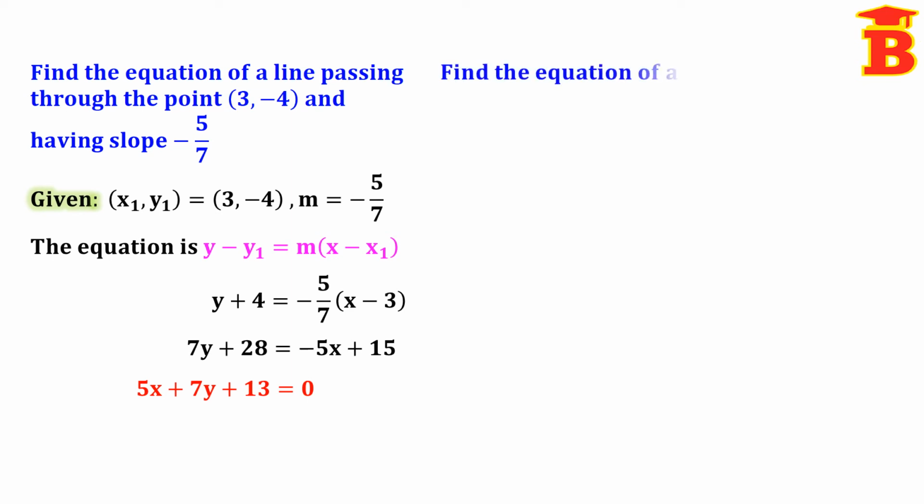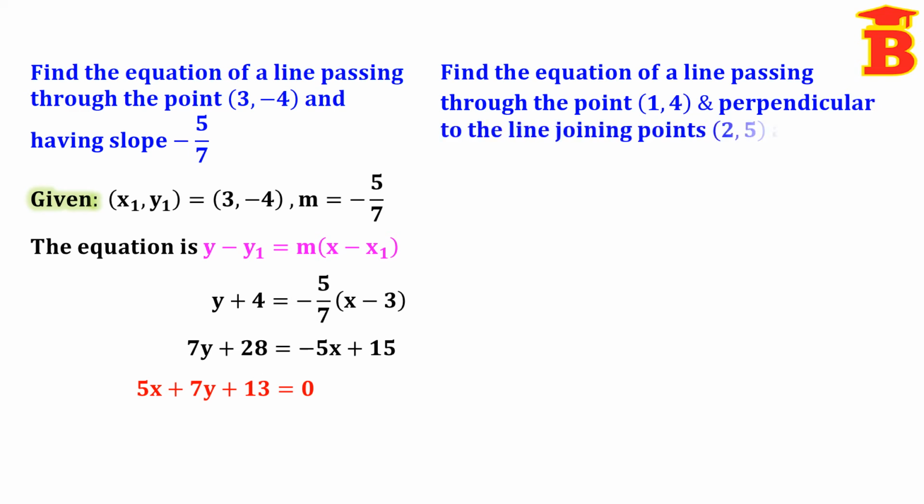Similarly, next problem, find the equation of a line passing through the point (1, 4) and perpendicular to the line joining the points (2, 5) and (4, 7). So here one point is given, and for the slope we have to take the perpendicular slope of the line joining these two points.